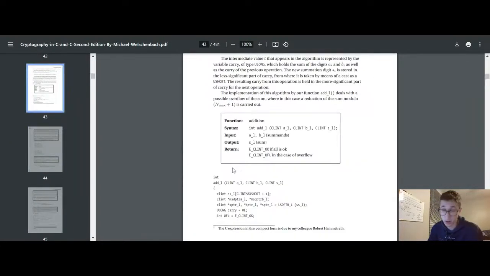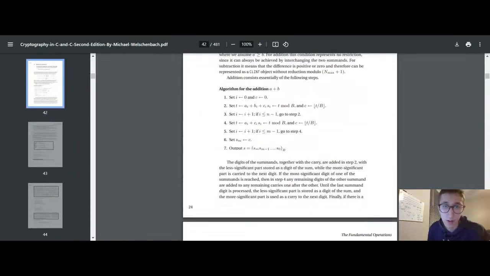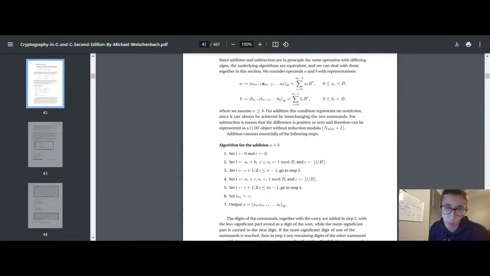Okay, this looks pretty hard, actually. So here we're assuming that, okay. So in this case, it's like Little Endian.